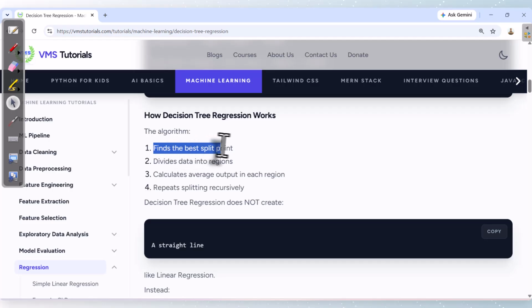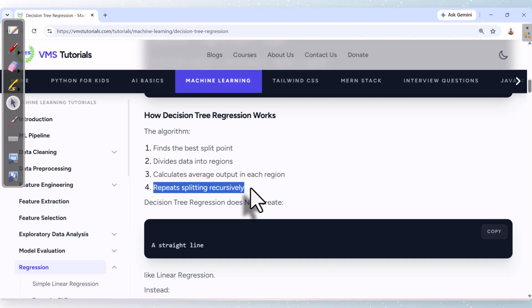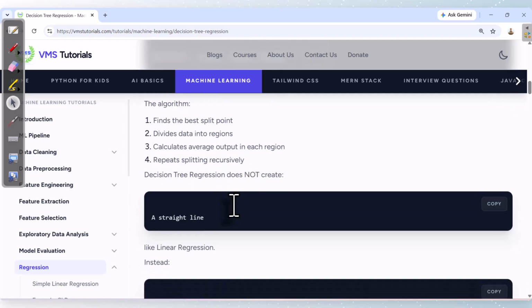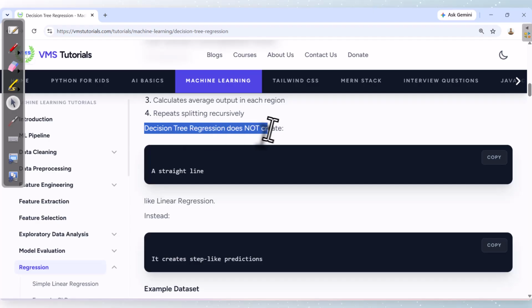Find the best split point. Then divide the data into regions. Then calculate the average output in each region. Then we repeat the splitting process recursively until we get the best split. Unlike linear regression problems, decision tree regression does not create any straight line.